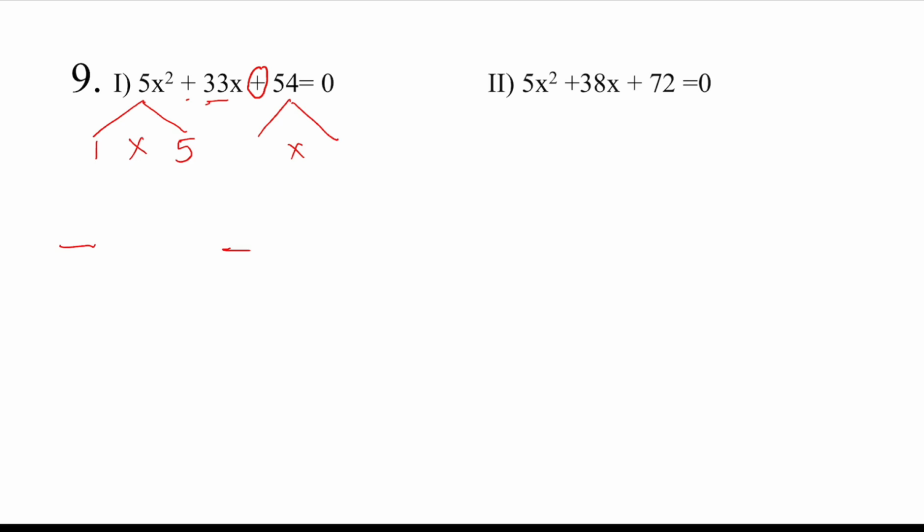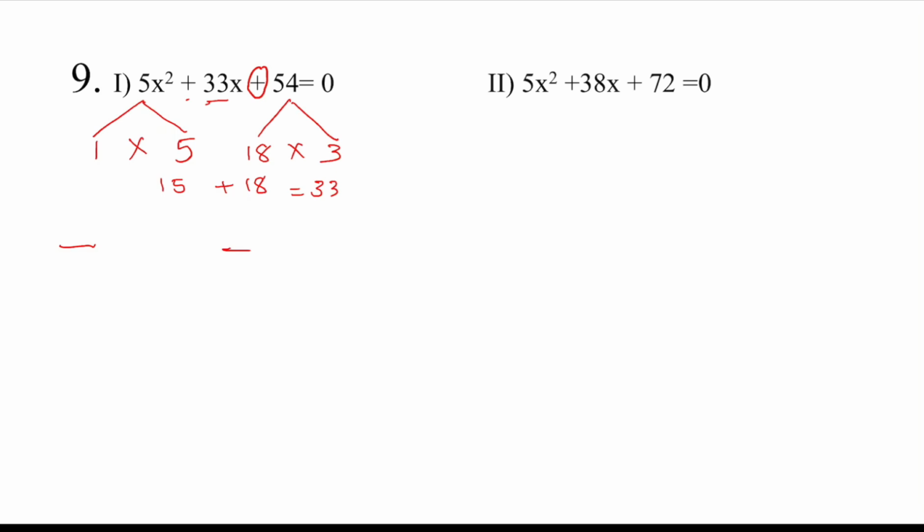Now, 54 can be written as 18 into 3 also. Now, check: 5 3s are 15 and 18 ones are 18. So, when you add 15 and 18, you are getting 33. Yes. So, 15 and 18 are our factors.